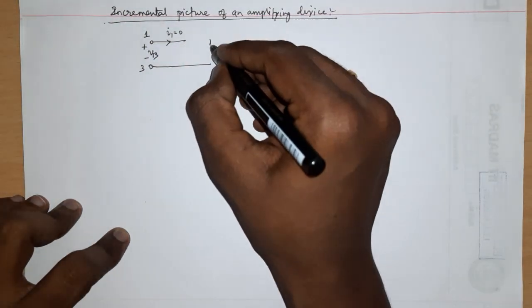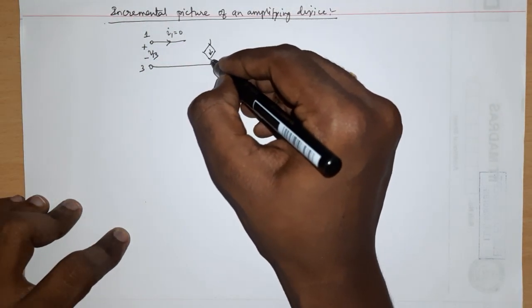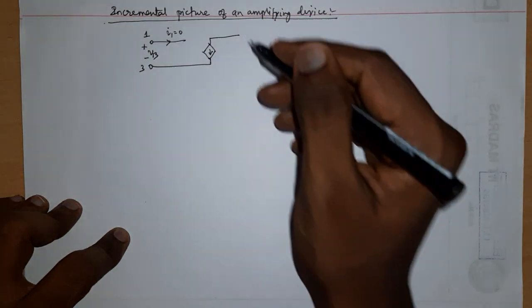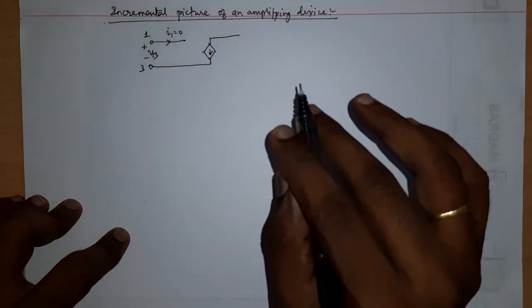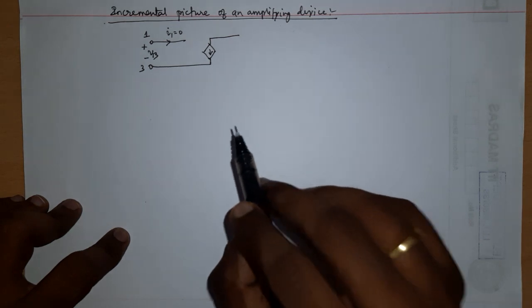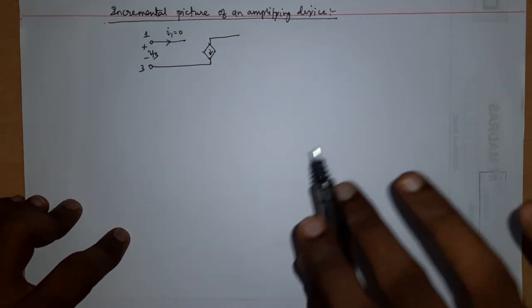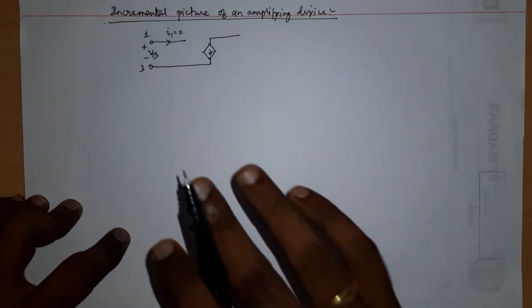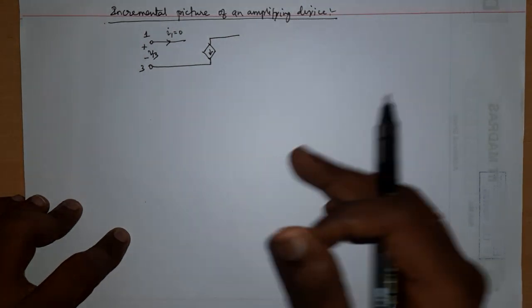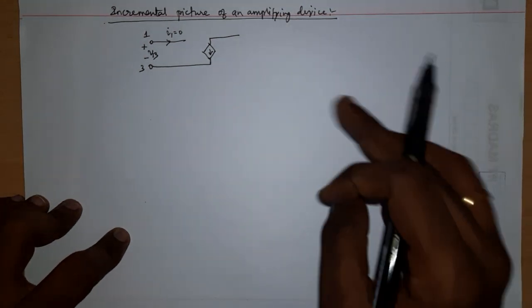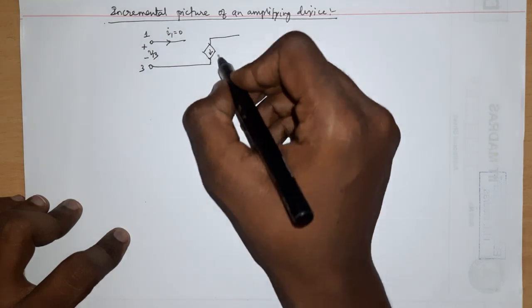Here every single quantity I draw in the incremental picture is an incremental quantity that is entirely different from the DC value. These are all small signal values, the delta V values and delta I values. That is what I am representing as small letters. I am just skipping delta, just for the sake of decluttering.